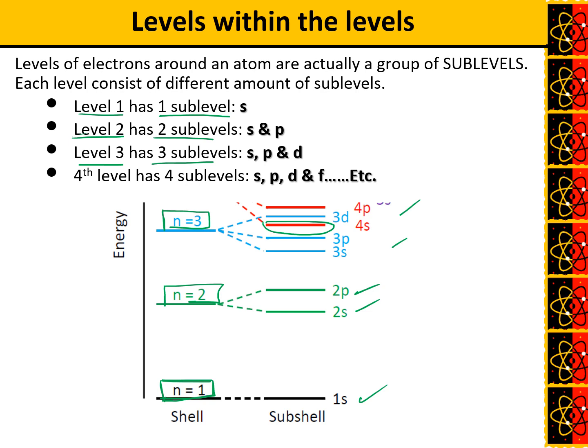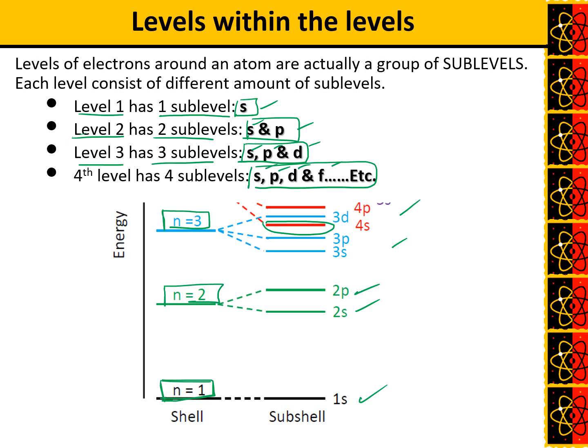So luckily we have the periodic table and we can figure this out. Do not freak out. I know that many of you are not understanding what I'm saying right now. The only thing that you need to remember is that the levels are made of what we call sublevels. And look at the letters that I have here. These are the names of the sublevels: S, then S and P, then S, P and D, then S, P, D and F. And you're going to ask, what does this have to do with the electronic configuration?